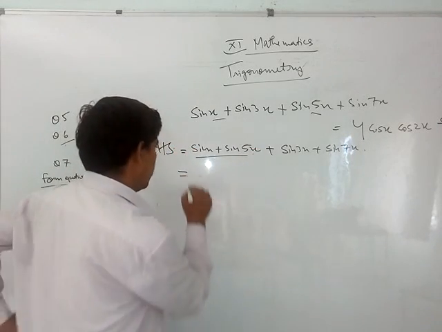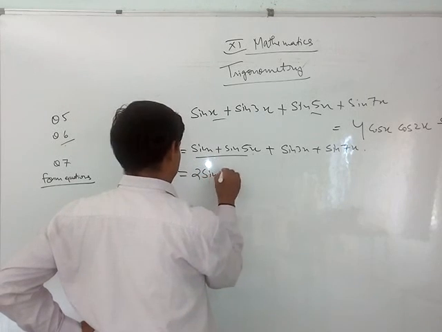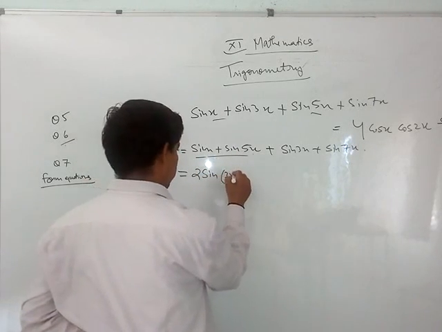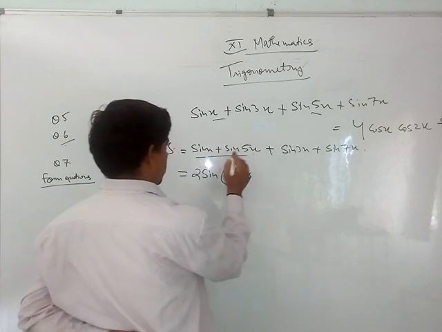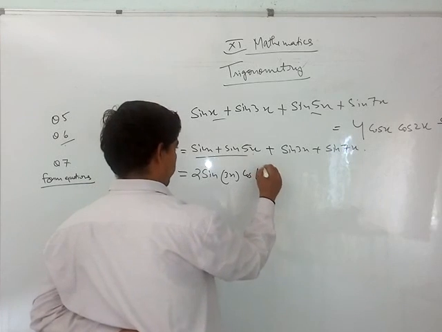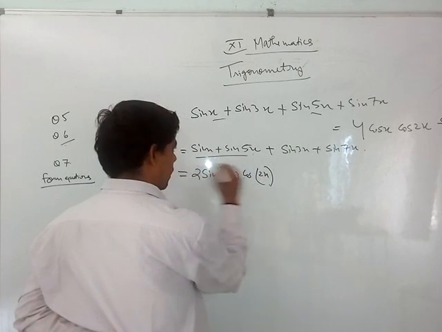What is the identity? 2 sin (C plus D)/2, that means 6x by 2, that is 3x, cos (C minus D)/2, that means 4x divided by 2 is 2x, right?